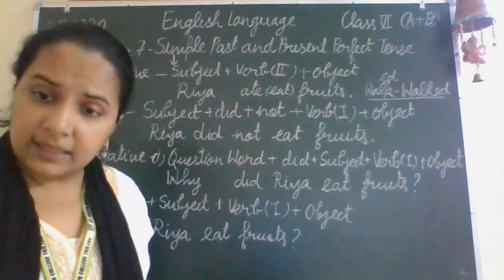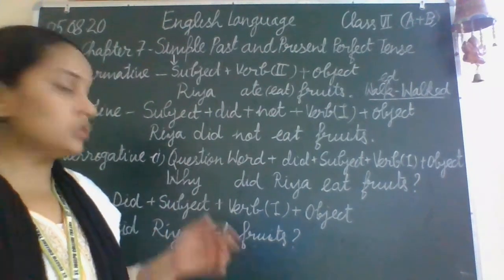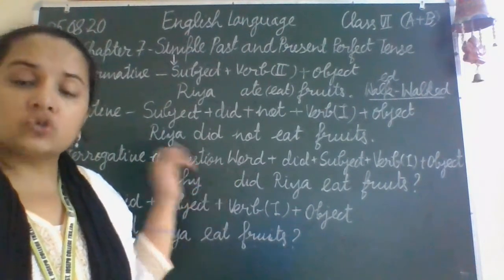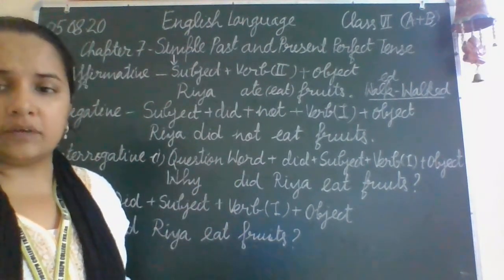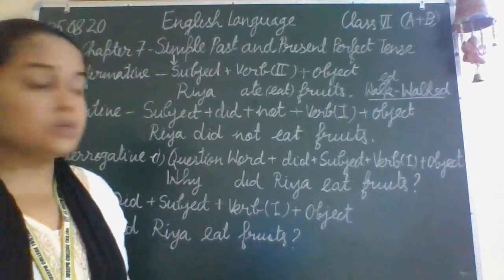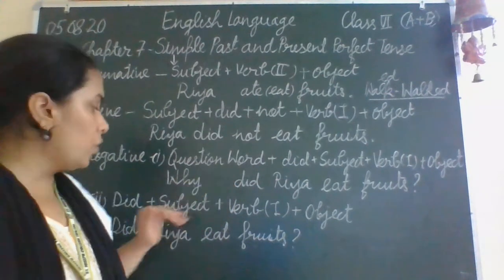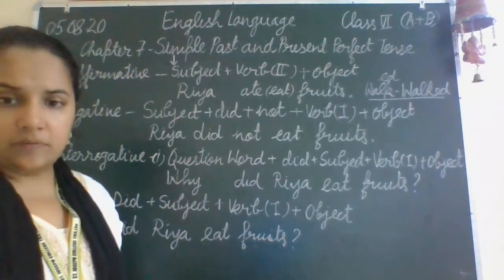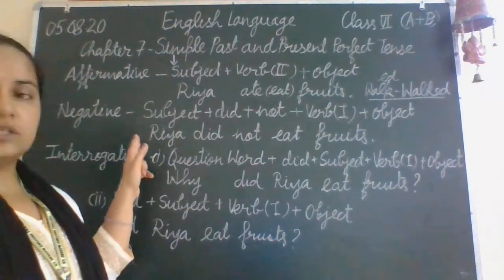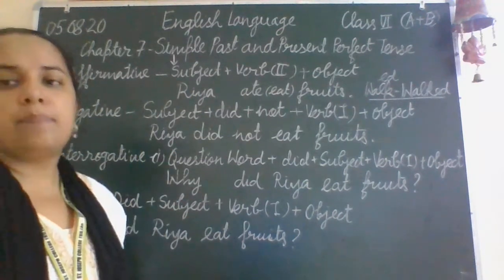And if in Hindi it is not starting with the question word, then in English it will start with the question word. This is the way you can identify whether you will start the sentence with the question word or with the helping verb. So these are all the rules for the affirmative, negative and interrogative sentences of the simple past tense.